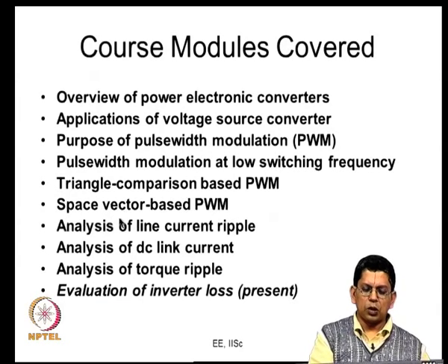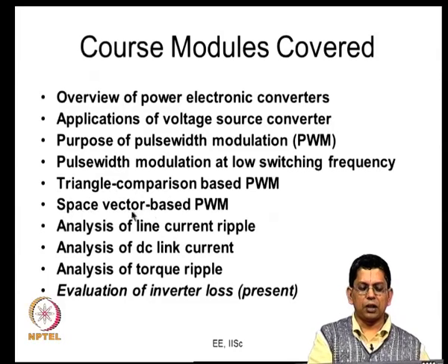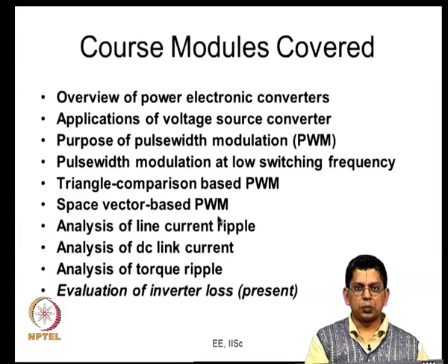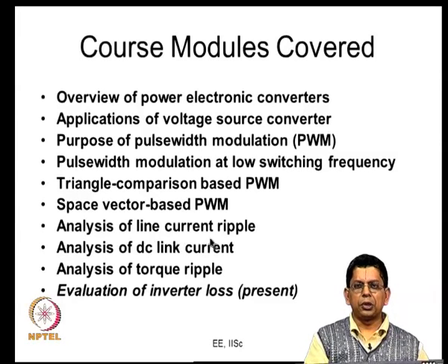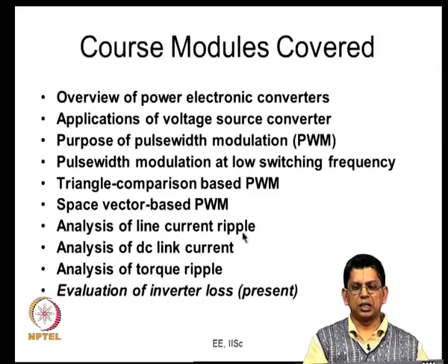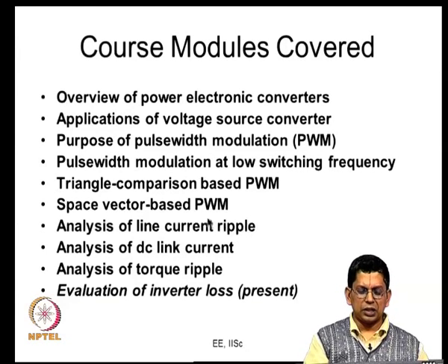We discussed some advanced bus clamping PWM methods as part of space vector based PWM, and we did analysis of the PWM methods, continuous, discontinuous and advanced bus clamping, to a certain extent in the module on line current ripple. We showed that there are certain conditions where advanced space vector based PWM could be better than the other methods, particularly in terms of line current ripple at high modulation indices.